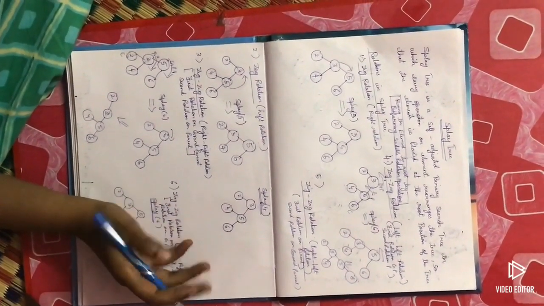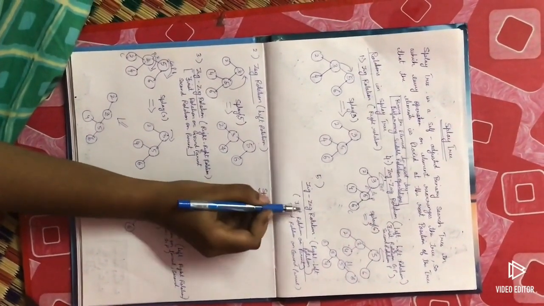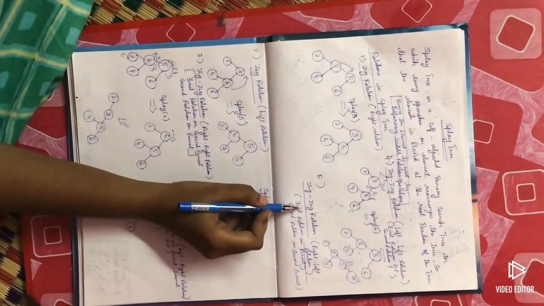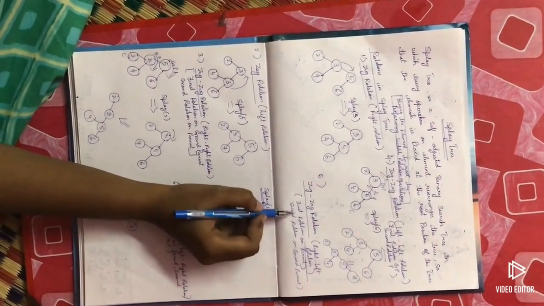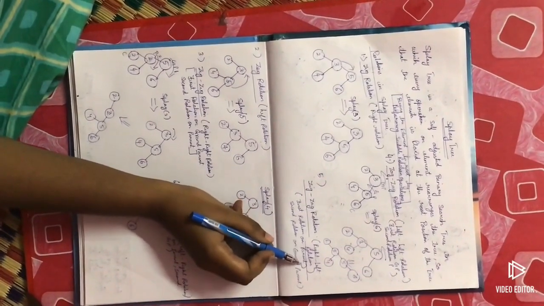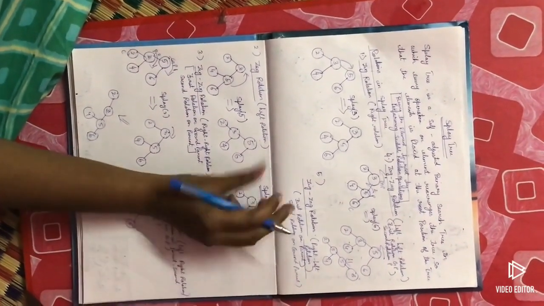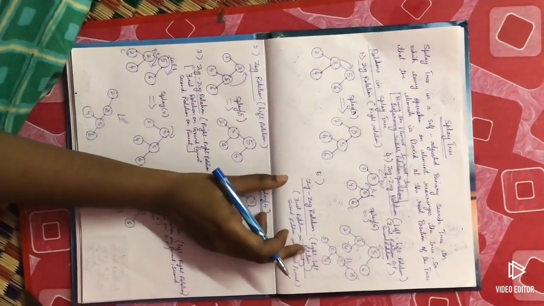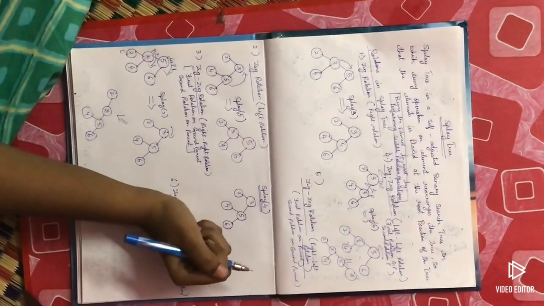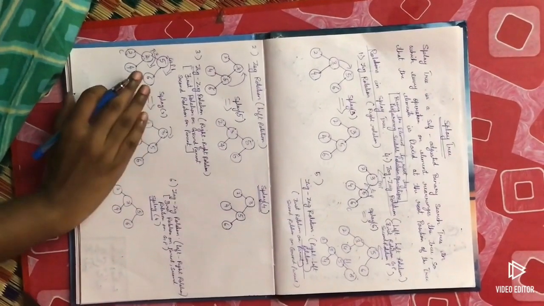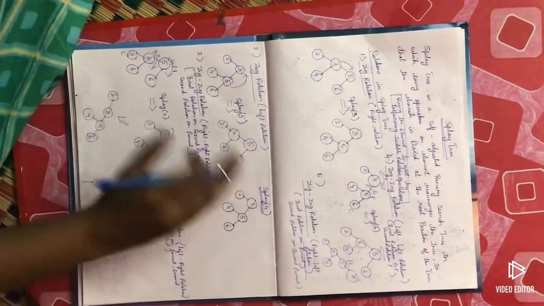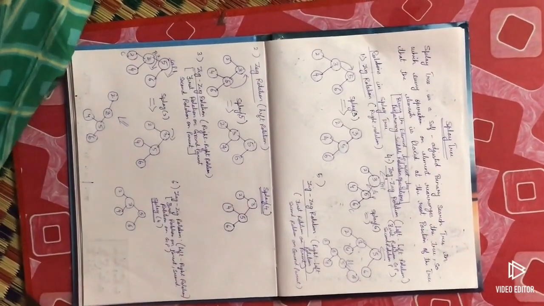Zig means right rotation, zag means left rotation. Here the first rotation is done on the parent, then the second rotation is done on the grandparent. So this is the sequence we follow in a zigzag rotation. So there is a difference between zigzag and zag-zag.